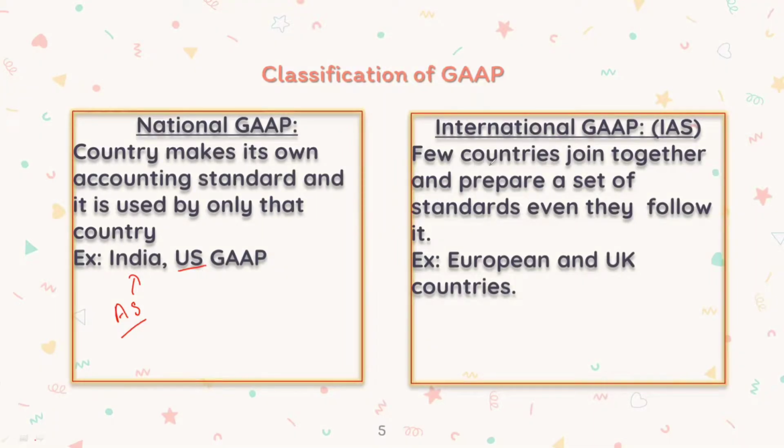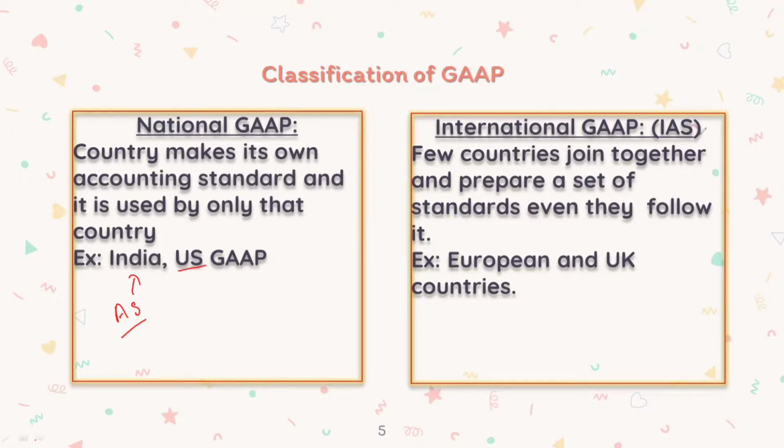Now moving on to the international GAAP. Here we call it IAS, that is International Accounting Standards. When a few countries join together and form their own set of standards, and those standards are followed by that group of countries, we call it an international GAAP.